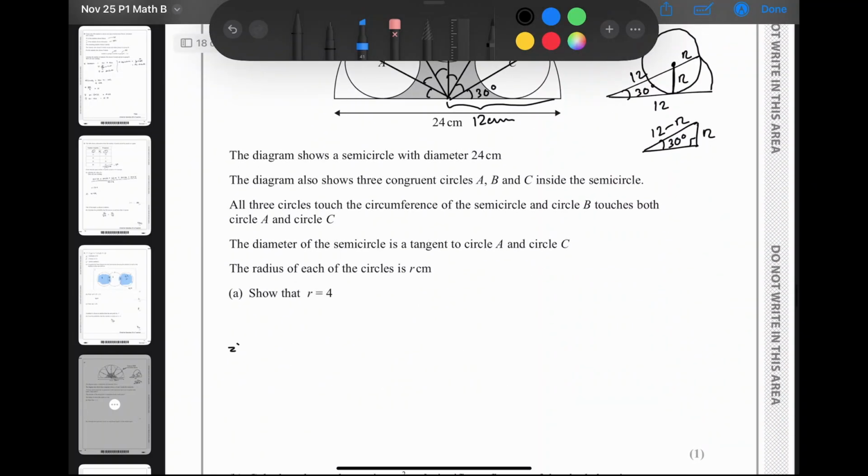Now we will use the sine rule to get the value of r and show that it's indeed 4 centimeters.